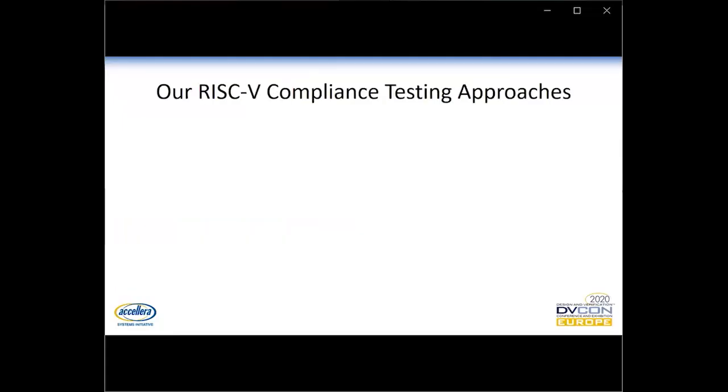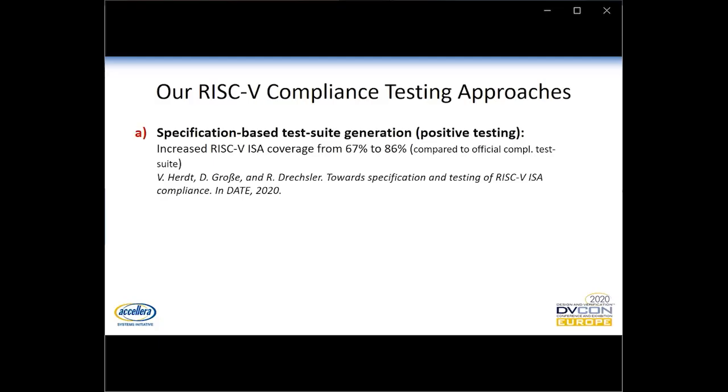So on this slide, I want to provide an overview of two RISC-V compliance testing approaches which we have developed. The first one is a specification-based test suite generation approach, which we denote as positive testing. And we show that we are able to increase the coverage significantly. And this one has been published at DATE this year.